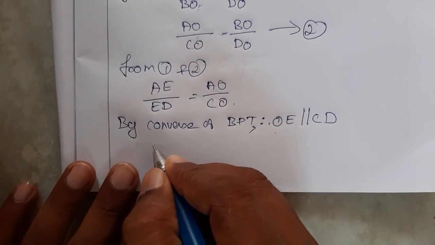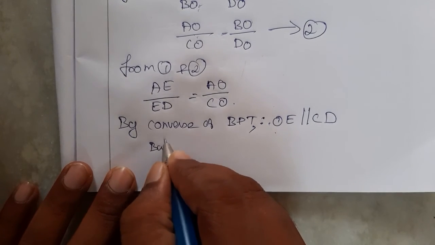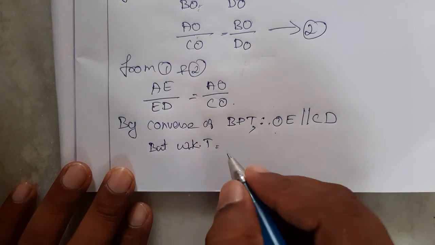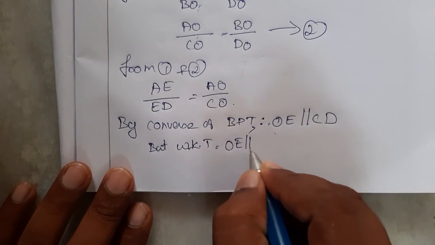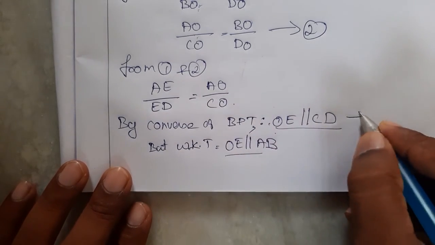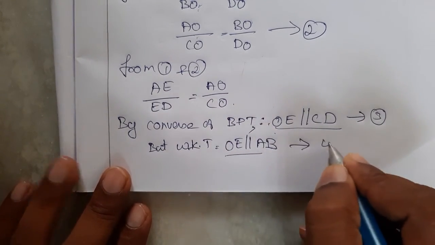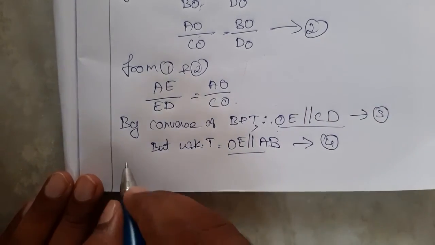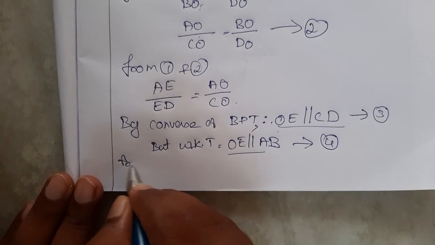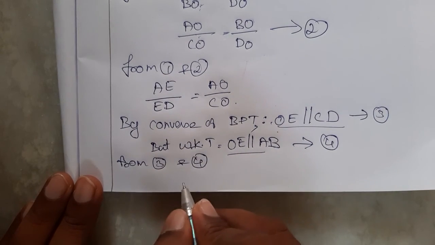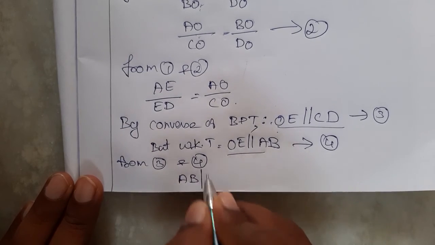That means we have OE is parallel to AB. So now comparing both, I'm giving the numbers 3 and 4. So from 3 and 4 we can say that AB is parallel to CD.